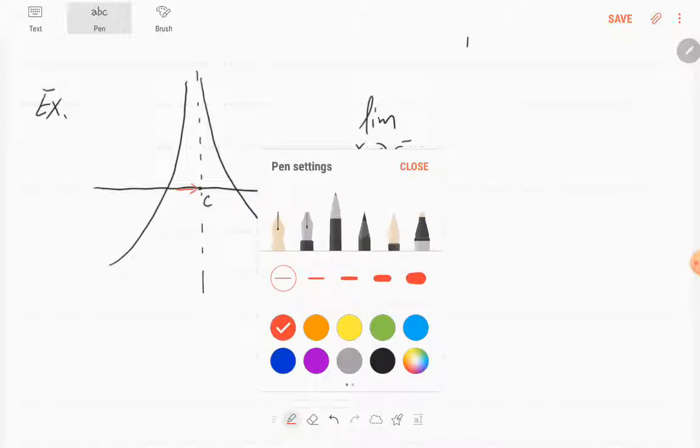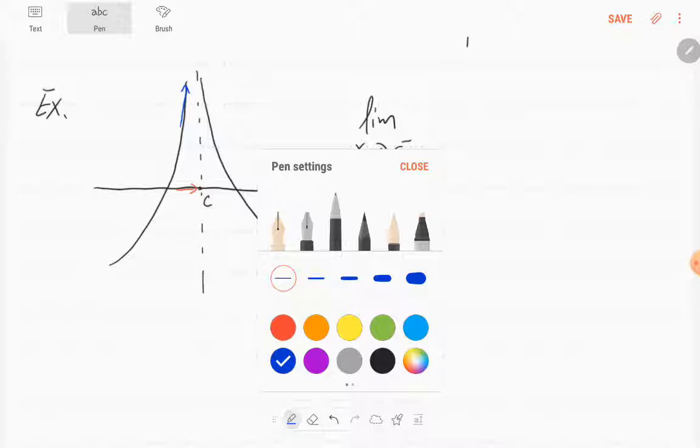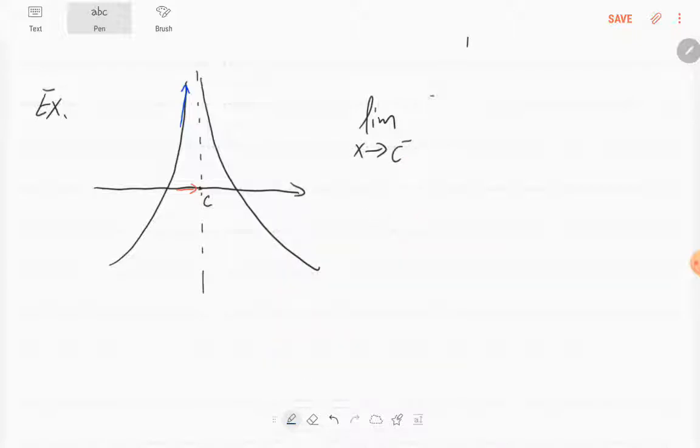So the points on the curve will go up along the curve without any bound. So it will go up forever. So we can say that the limit as x approaches c minus of f of x would be equal to infinity.